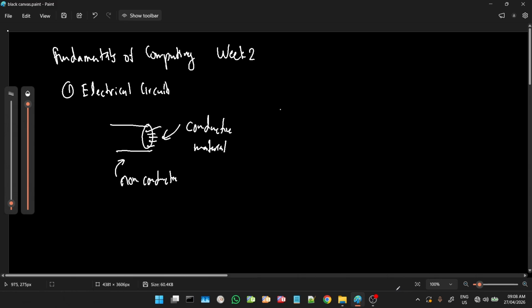So how do electrical circuits work? Well, an electrical circuit works using voltage, current, and resistance. So this is the equation of how they all connect. Voltage, V, is essentially a force that enables the direction of current.